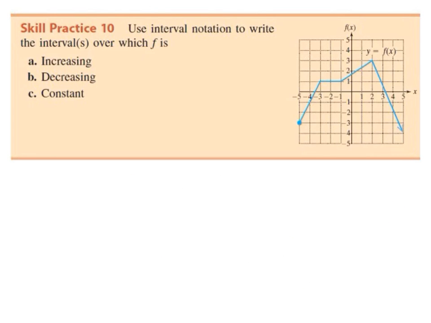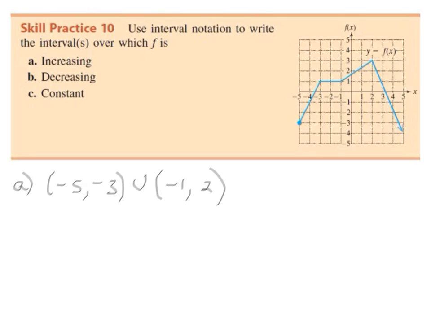So looking at this, where is it increasing? Okay, this one has an endpoint at -5. So it's increasing from -5 to -3. And it's also increasing, we got a union, put the union symbol there, from -1 to 2.